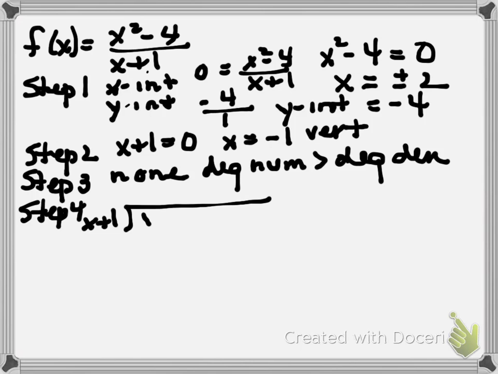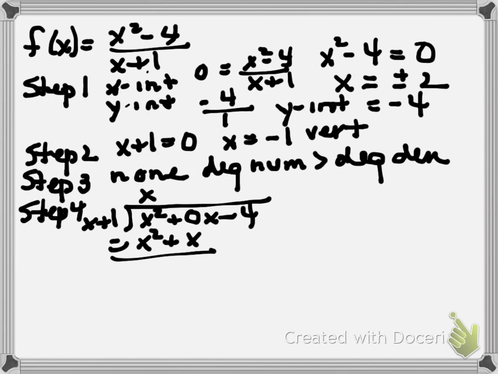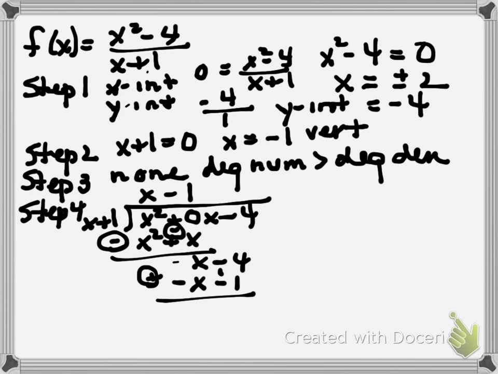X plus 1 is the divisor, x squared plus 0x minus 4 is the dividend. X goes into x squared x times, x squared plus x, change the signs of the second polynomial. X and x is negative 1. Change the signs of the second polynomial, and we're getting negative 3.